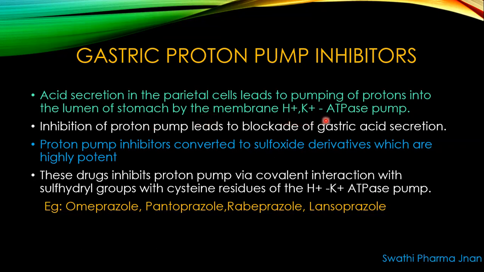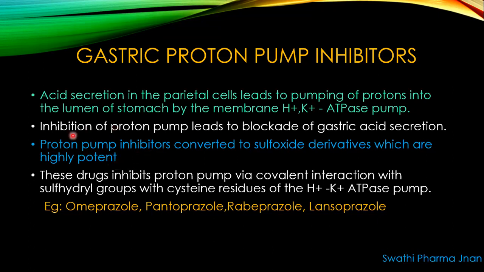So inhibition of the proton pump leads to blockade of gastric acid secretion. If we inhibit this H+/K+ ATPase pump, then gastric acid secretion into the lumen of the stomach can be blocked.